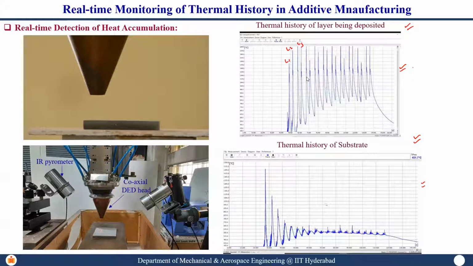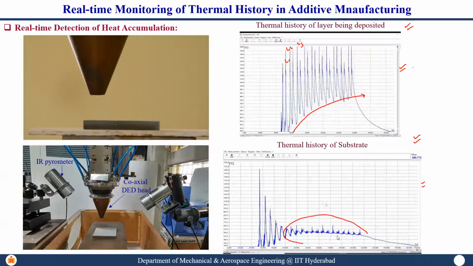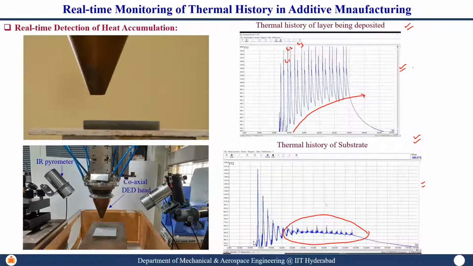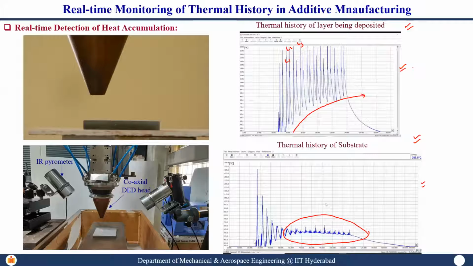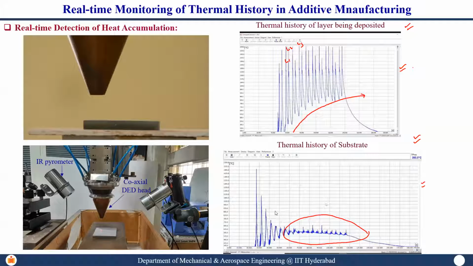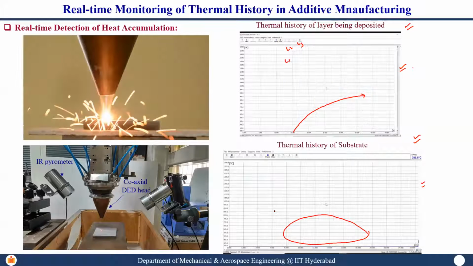The temperature of the first layer also has got saturated at something like 600 or 700 degrees centigrade because heat got accumulated. Now we know this heat accumulation results in an unstable molten pool, and this unstable molten pool results in what we call waviness.